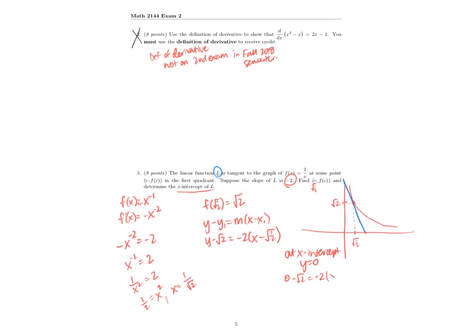x minus, I'm just going to write this as 1 over square root of 2 because it's the same thing. So then I can divide by -2. So I get square root of 2 over 2 equals x minus 1 over square root of 2. And then I can add 1 over square root of 2 to the other side.